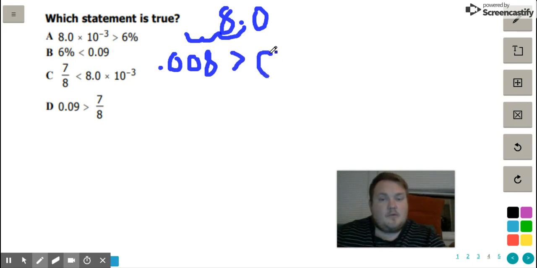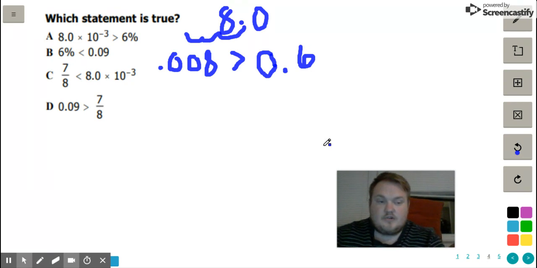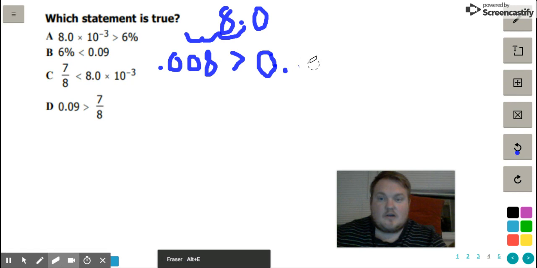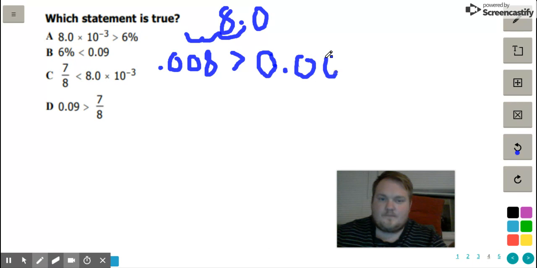A lot of people will make 6% like this. That's 60%. You have to remember that you want to use your calculator and do 6 divided by 100, or move it 2 spots over. Don't forget that 0 when you move it.